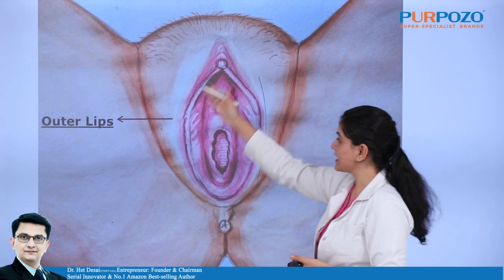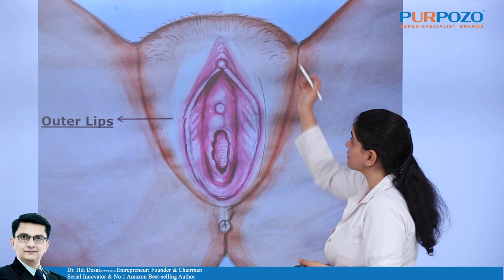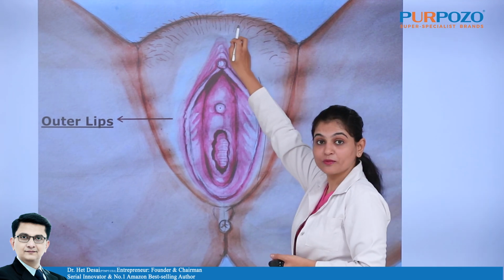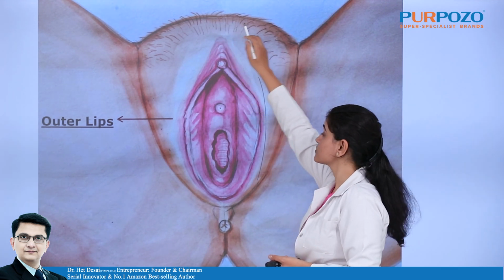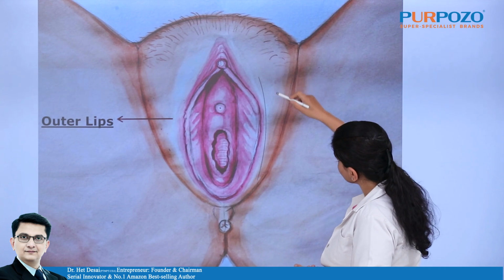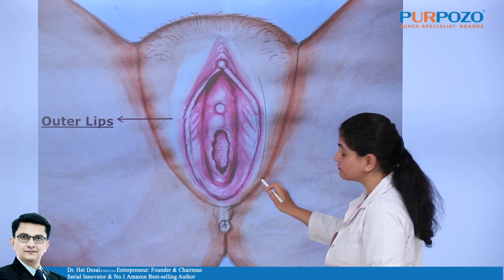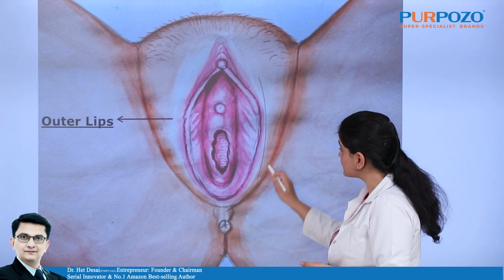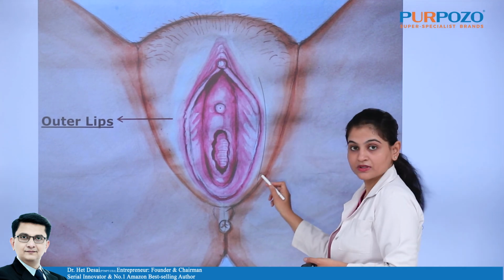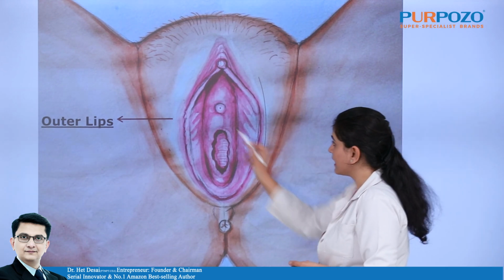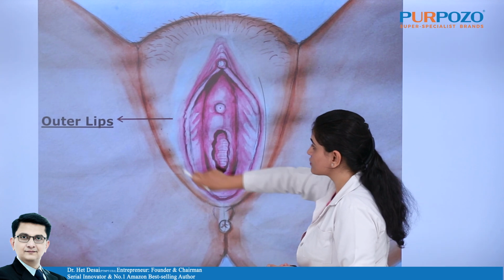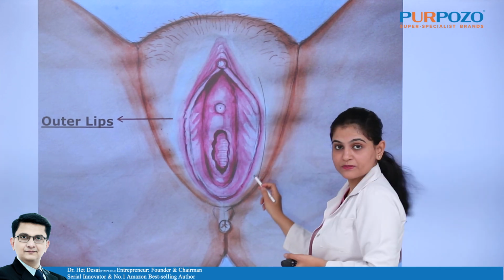In this image, this is your Mons Pubis which we discussed already, and from the Mons Pubis you can see a thick fatty fold coming down. This is your outer lip, one side and the other side. So, these are the 2 outer lips.